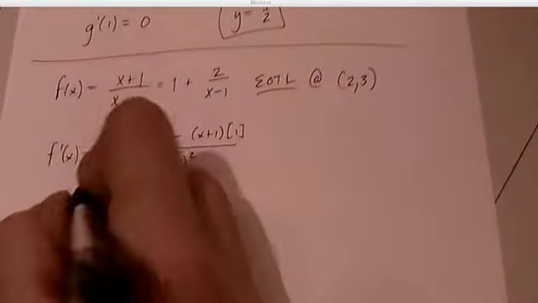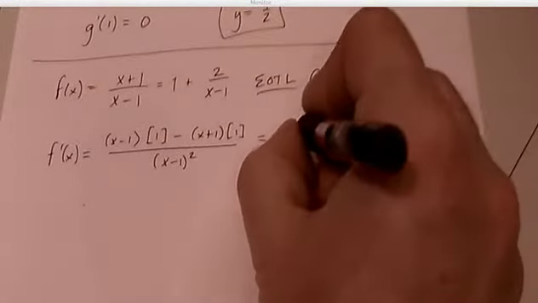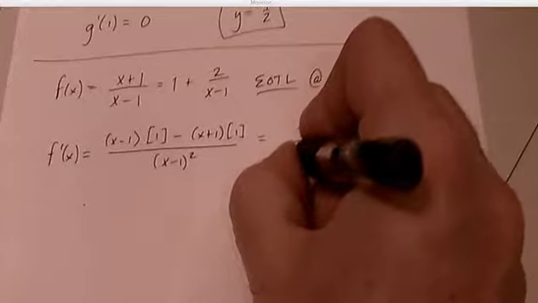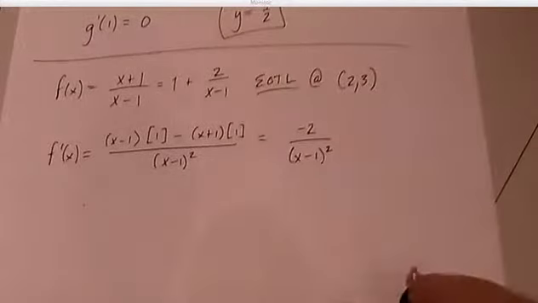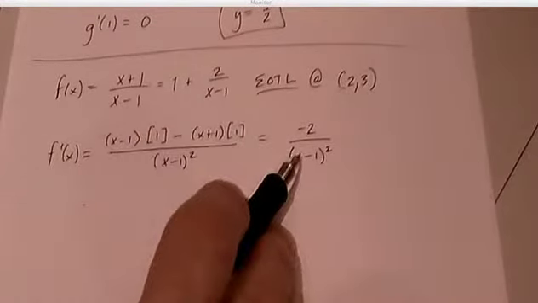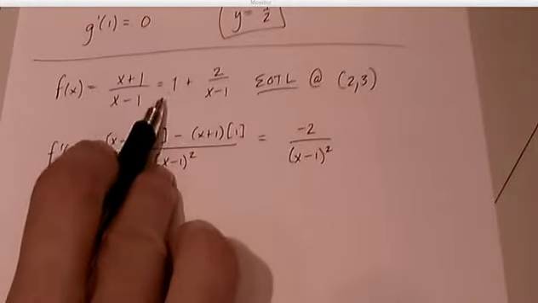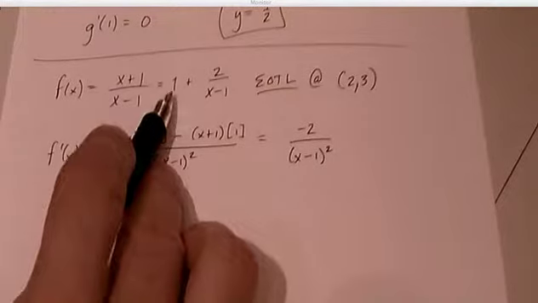Okay? Now, when you distribute this x, you're going to wind up getting negative 2 over x minus 1 squared. Now, if you watch the video on the proofs, you know the reciprocal rule, so you can see how this is the derivative of that right there, because of course the derivative of that term 1 is 0.